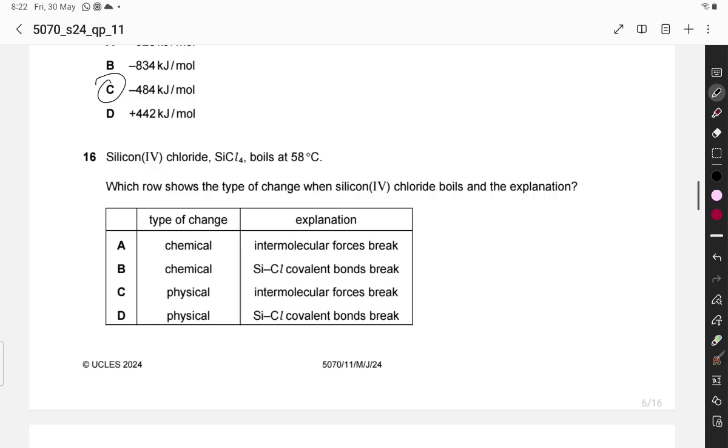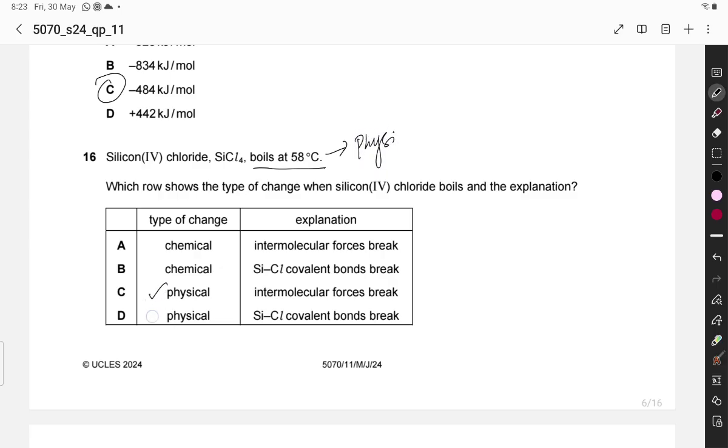Question number 16. Silicon 4 chloride, SiCl4, boils at 58 degrees centigrade. Which row shows the type of change when silicon 4 chloride boils and the explanation? Melting and boiling are physical changes, so this is a physical change.